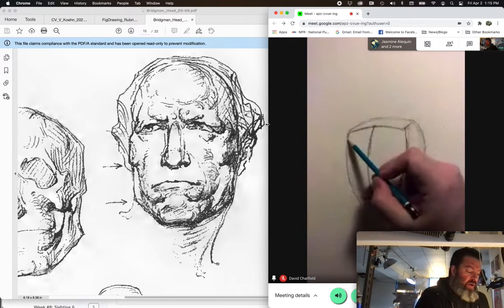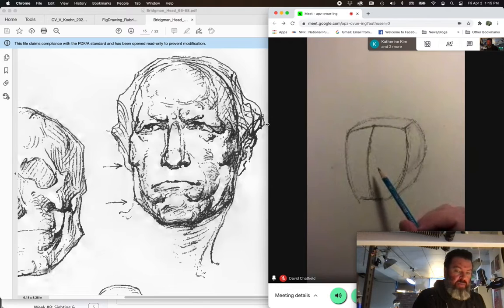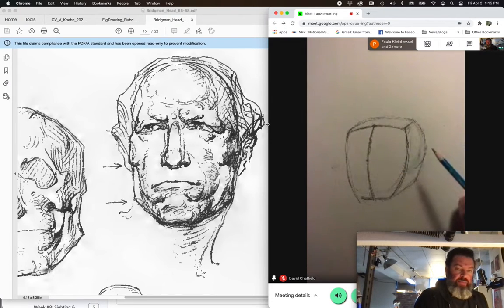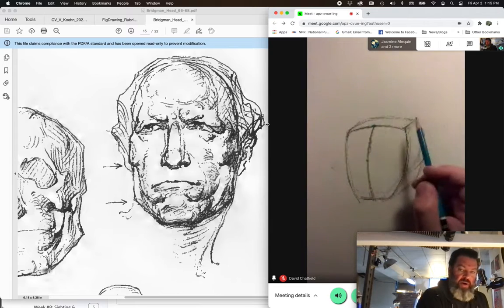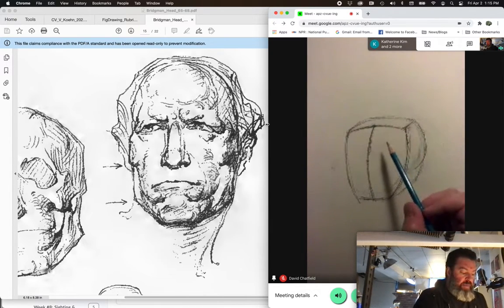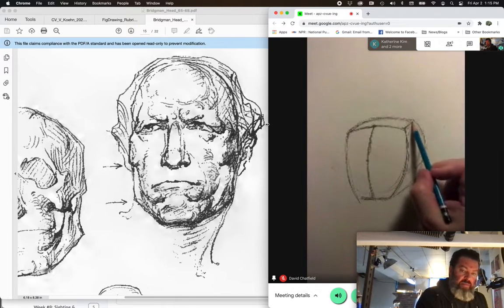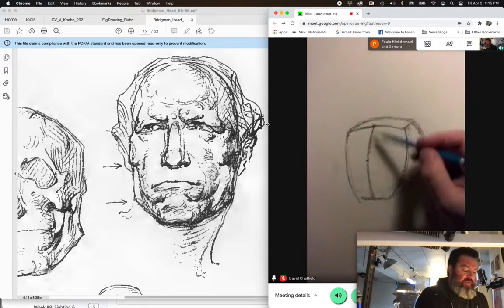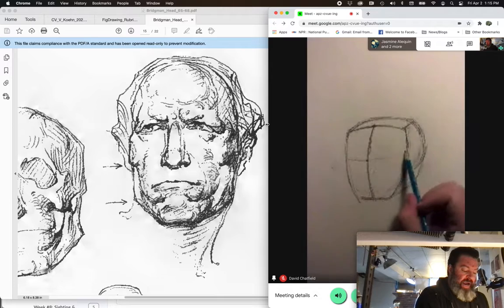Now, the other way I tend to divide up the face is the eyes, the bottom of the nose, and the mouth. The eyes are halfway down. I know that kind of sounds too far, but from the top of the forehead or the top of the head, depending on your point of view. Again, this guy's head, I can't really see much of the top. But if you measure from about halfway down, that's where the center axis of the eyes go.